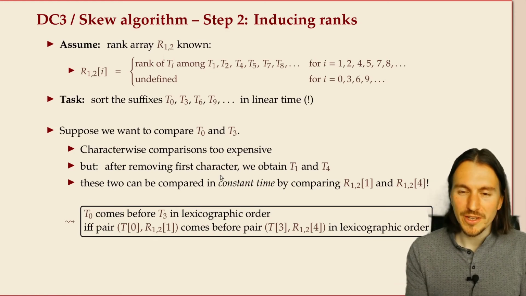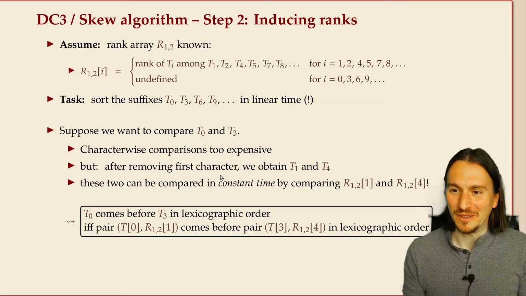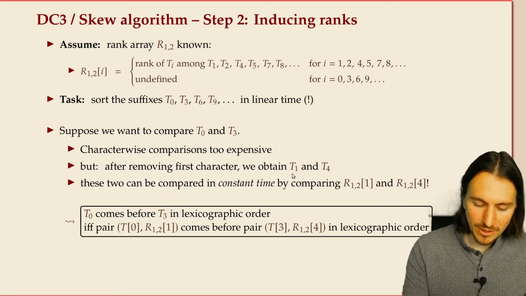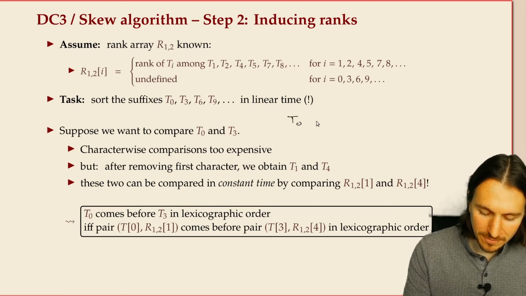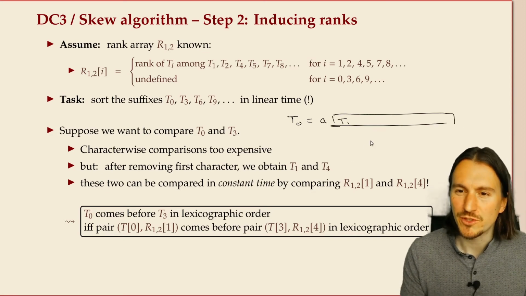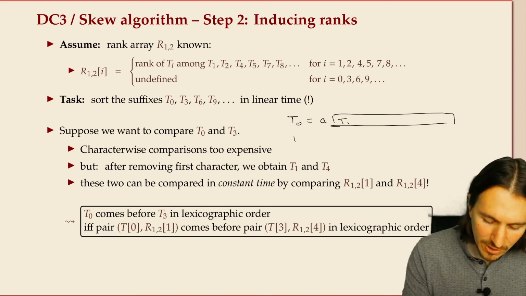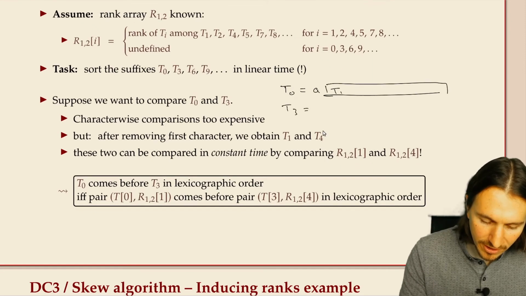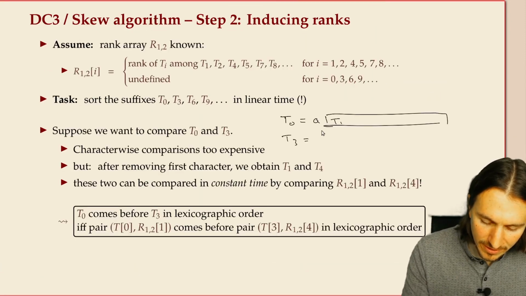But what we can do is compare the first character, just one. After we strip off the first character in T0, there's some character and then a long remainder, but that remainder is just T1, the suffix starting at position 1. And the same thing happens for T3. There's some other character. I don't know if that's the same or not.